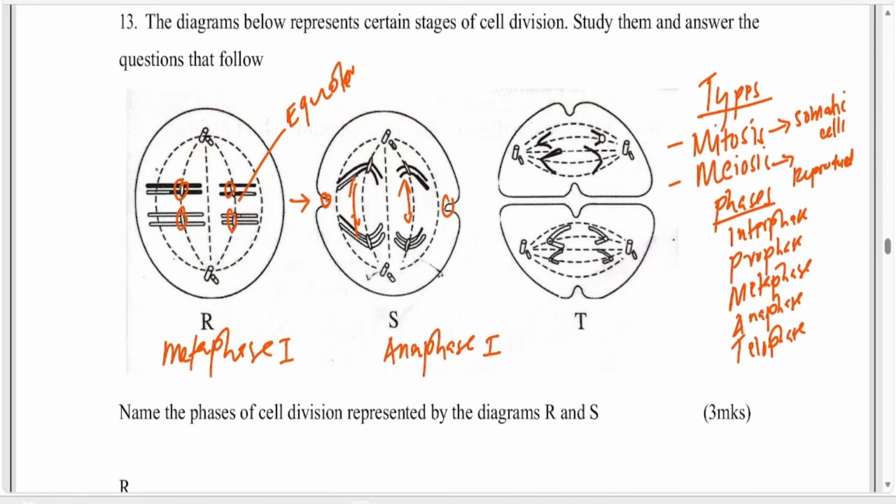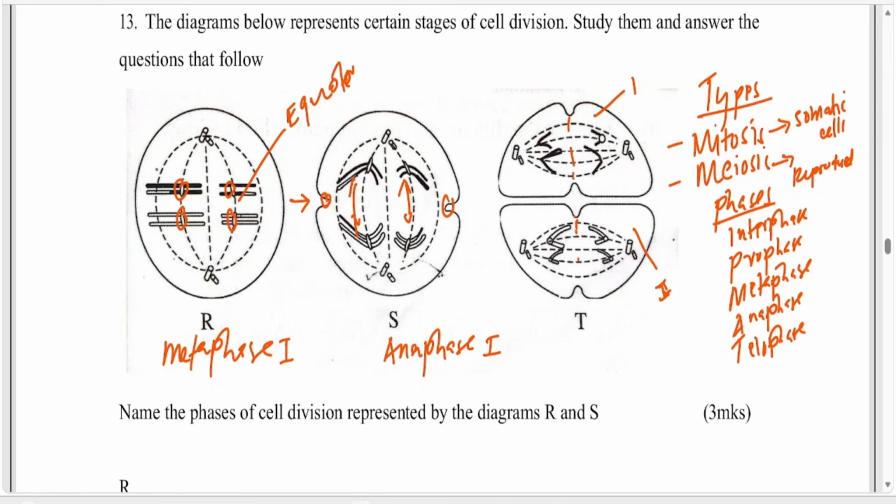Then we have T. When you look at T, these are two independent cells which are trying to divide. This is a cell by itself, and this is another cell, and there is constriction occurring in each respective cell. So S and T are in the same stage, but T is leading to formation of 4 daughter cells, unlike S, which is trying to form two daughter cells.